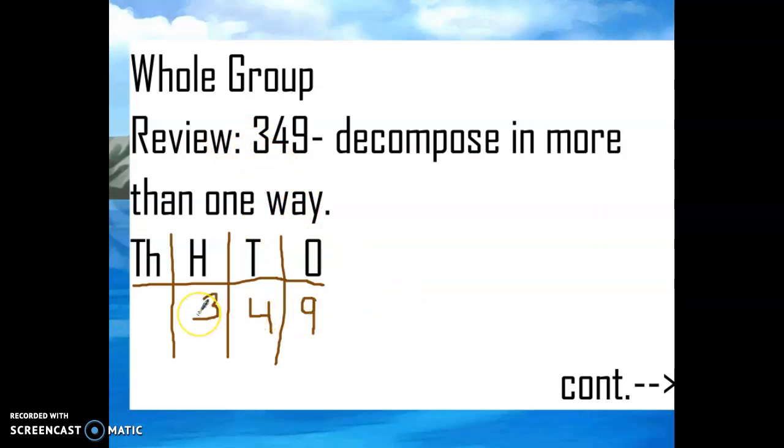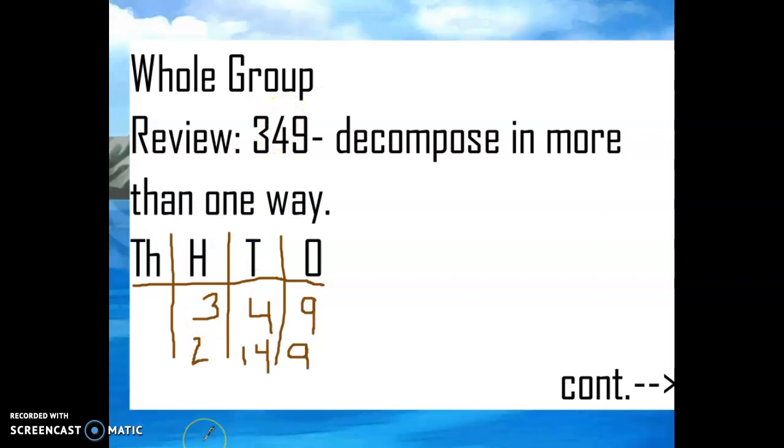So I could have 3 hundreds, 4 tens, and 9 ones, but if I take 100 away, then I would have 2 hundreds, but then I have to move that over to the tens, and so I'd be adding 10 tens to the 4 tens that I already have, which would be 14 tens, and then I might still have 9 ones. Well, if I add up 9 ones, 14 tens, and 2 hundreds, then I would still have 349.